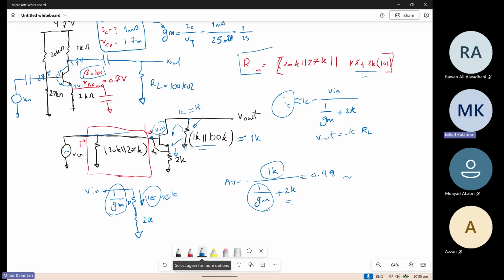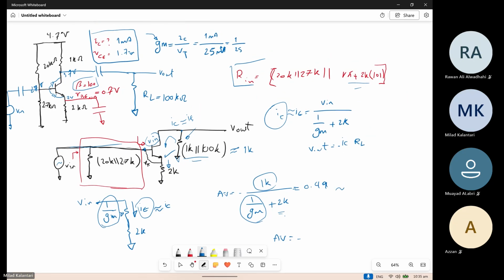What will be the gain if we bypass, basically? We call it the bypass capacitor, right? The gain will be how much?